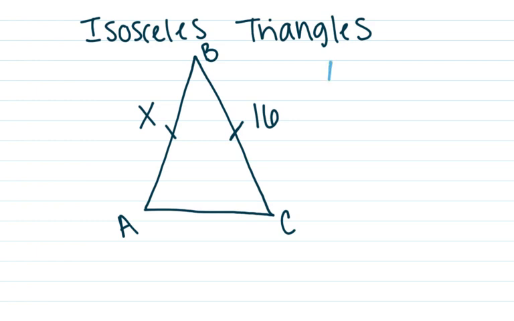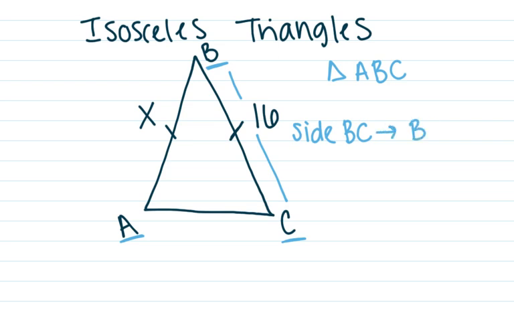For example, the name of this triangle is triangle ABC because of these letters out here. And this side right here is called side BC because it is the side between the letter B and the letter C. Another way to represent that is to write the letters BC and then put a line above it like that. That represents side BC.